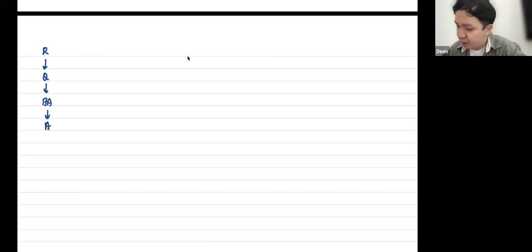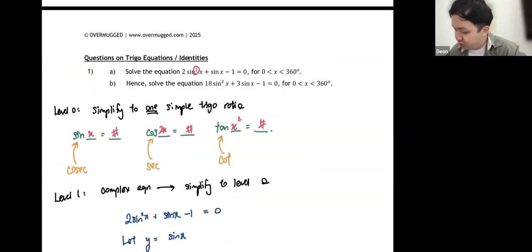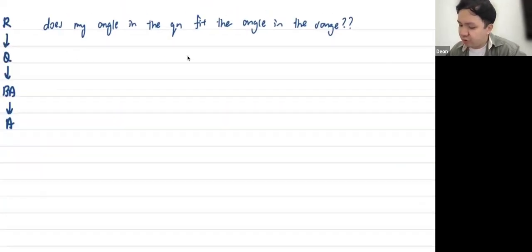Does my angle in the question fit the angle in the range? If it doesn't, then I need to make sure it fits. So how does this look? In this question, we're talking about 0 to 360.